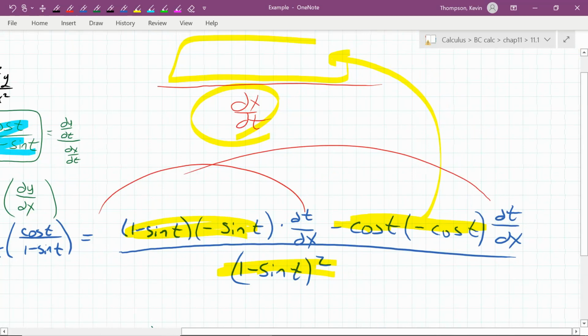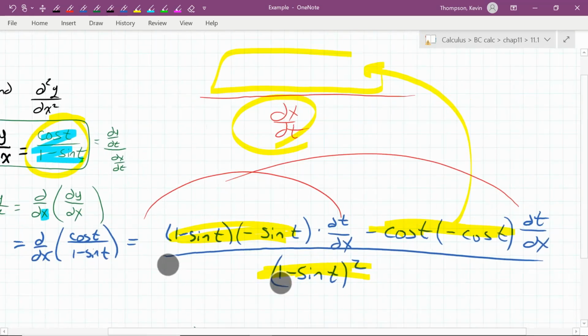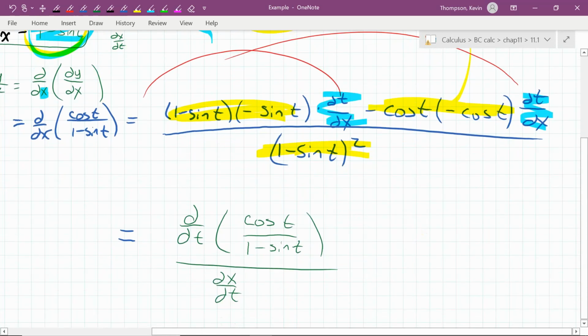So we're going to get that cubed. But do you notice that all of the yellow parts are really just the derivative here with respect to what? Try again. With respect to t, right? So if the question was, if I gave you this in blue and said, what's the derivative with respect to t, we wouldn't write this and we wouldn't write this, but everything else would still be there, right? And that's why we could write it this way.